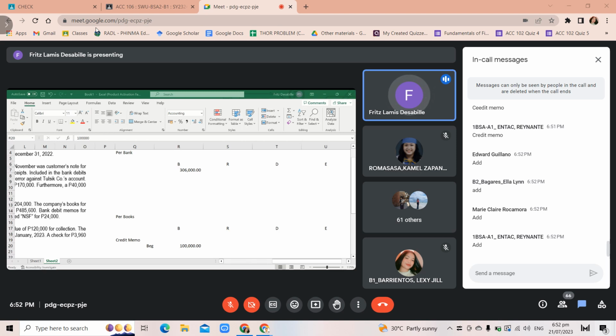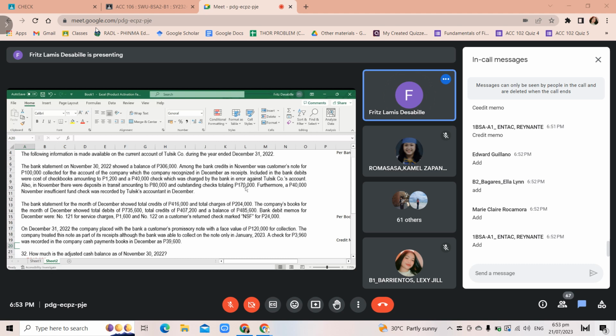So since it shouldn't be included in the December receipts, we take it out. Ato na siya tangtangon. So kung duol, reverse ang sign, di ba? Negative, positive.